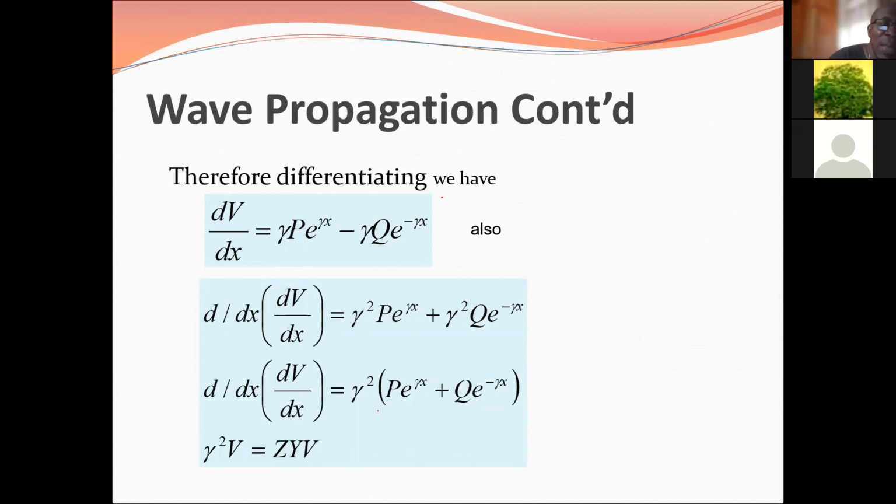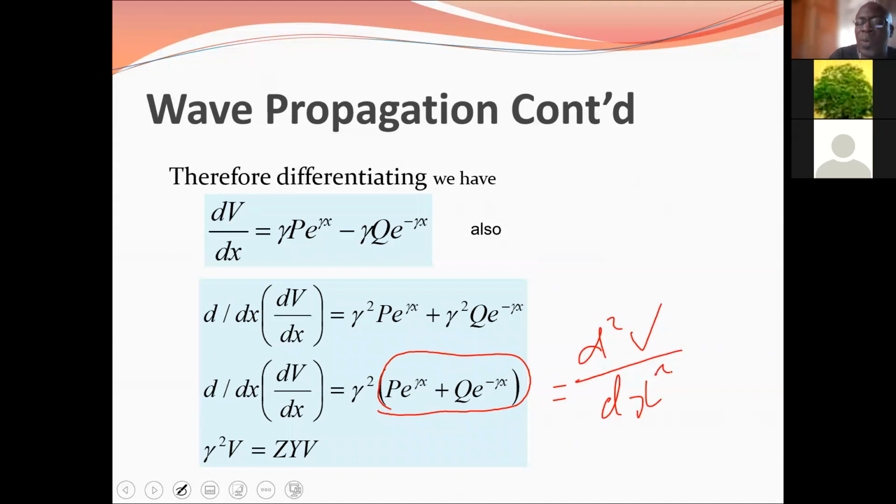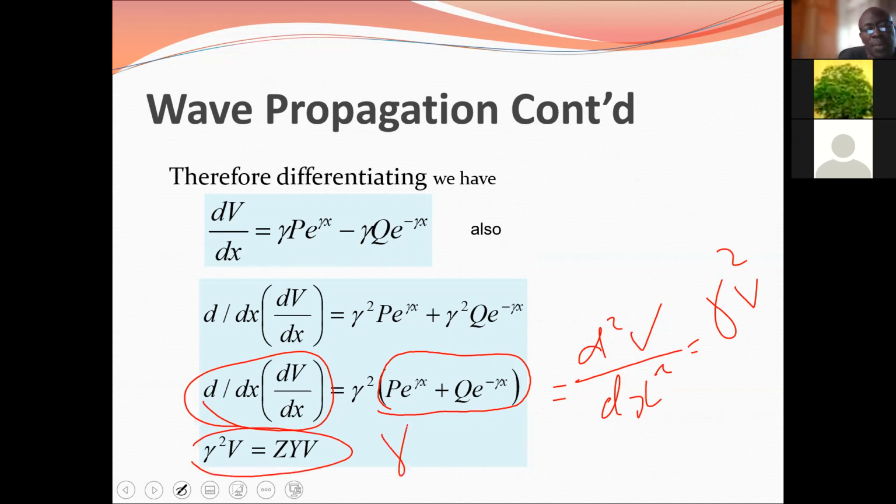But of course, all of this is equal to V. So in other words, d2V/dx squared, which is what we have here, is equal to gamma squared V. So simplifying, we'll get gamma squared to be equal to ZY.